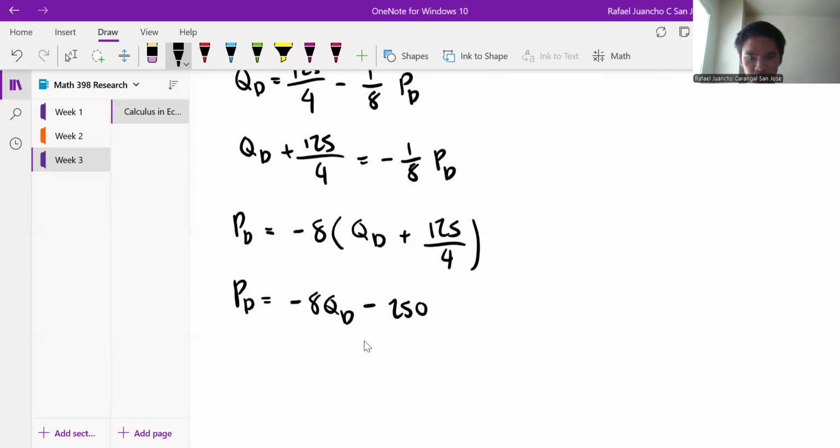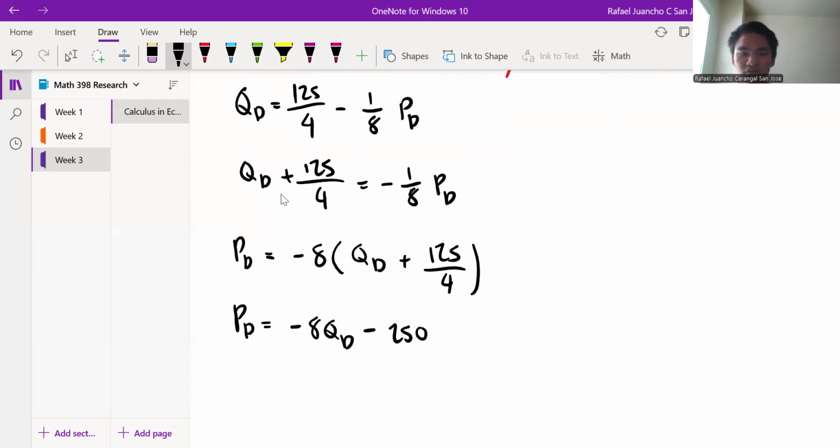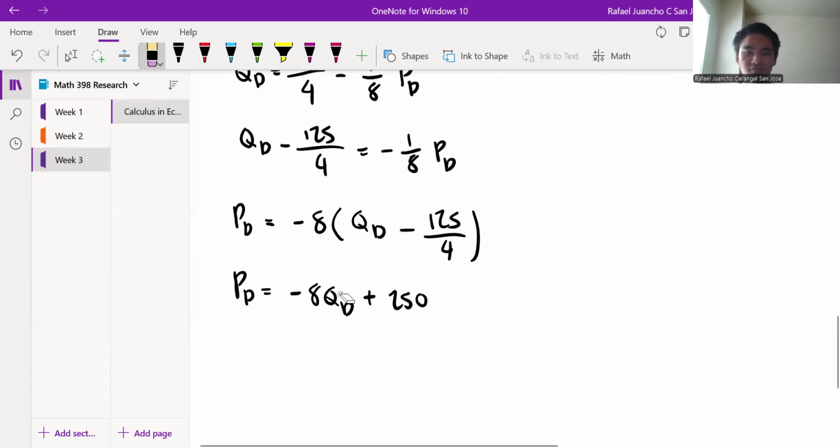Wait a minute, I'm double checking. Oh, so we have to subtract. My bad. Okay, yeah. So PD is negative 8 QD plus 250. That's our PD.